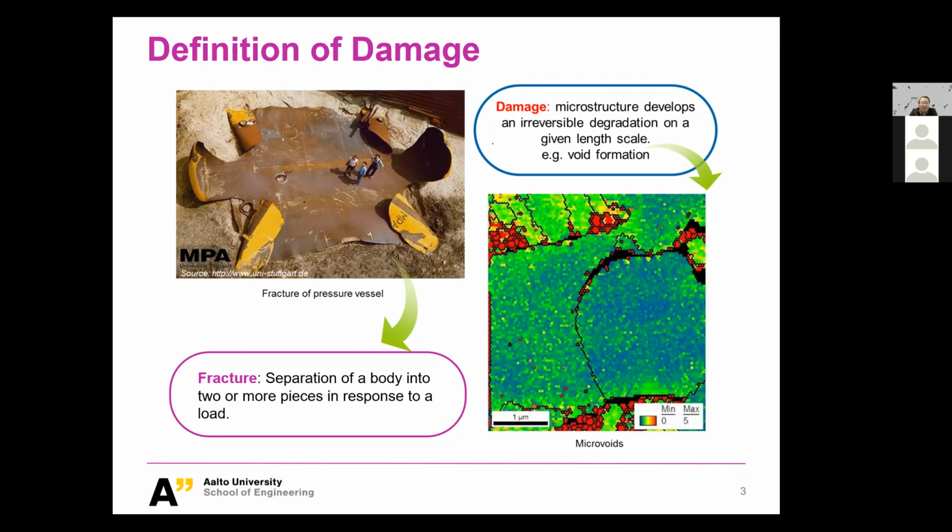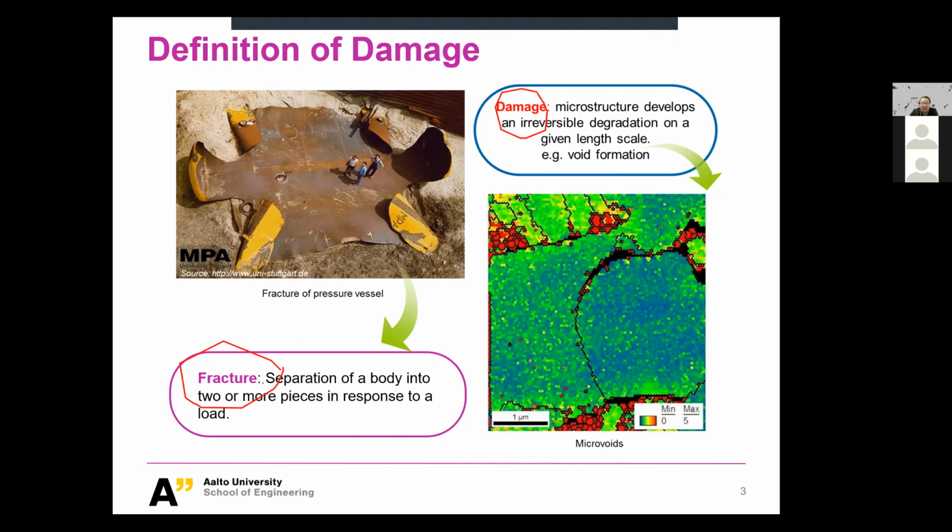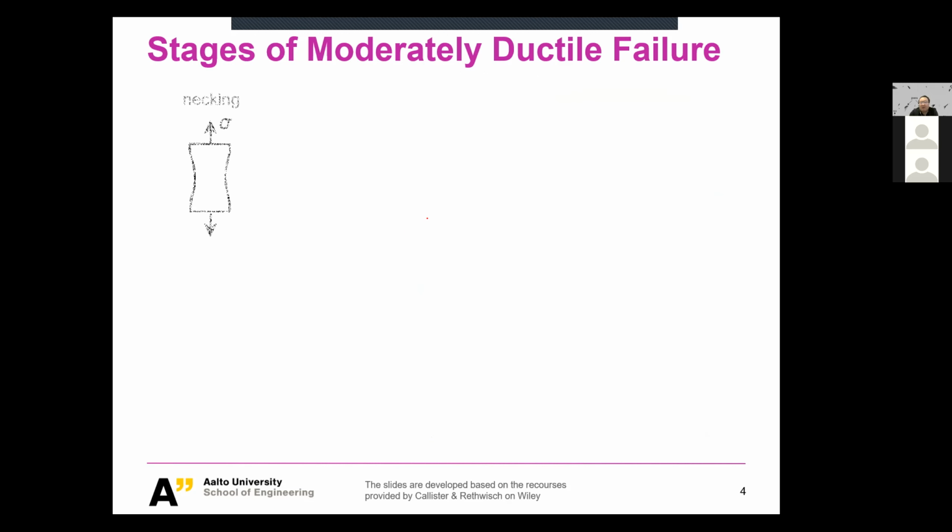Now we opened a little bit about ductile fracture. So we spoke about the difference between fracture for ductile fracture and also damage. We learned the difference between these two terms, and you've also learned ductile fracture has some typical stages.